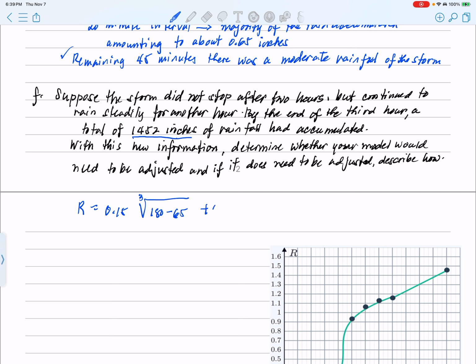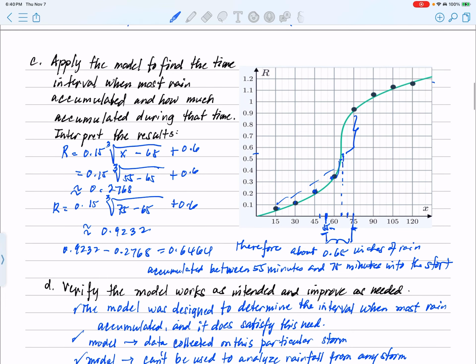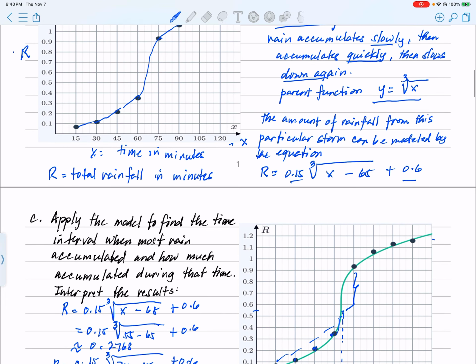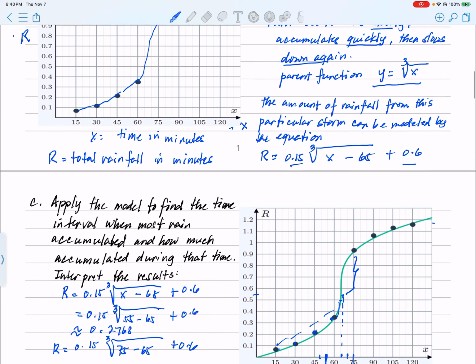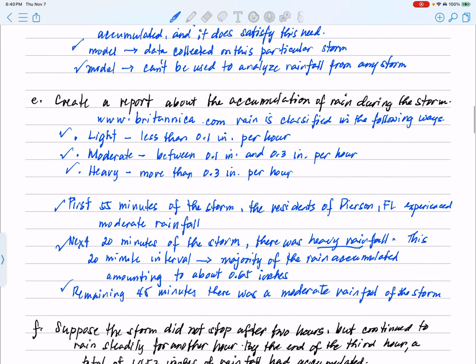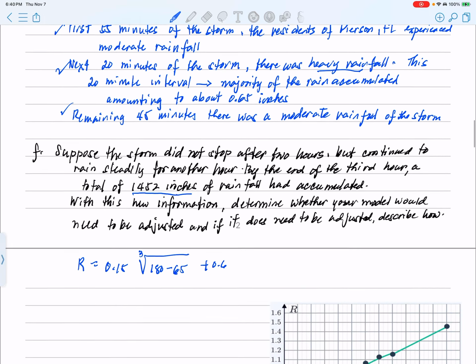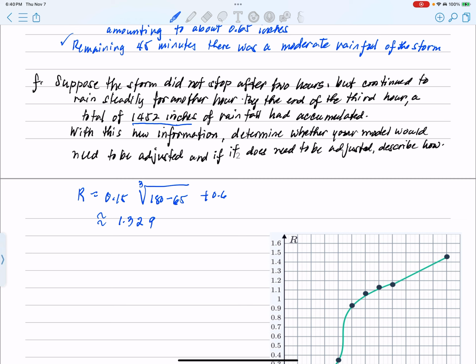Let me see right here. I have to go back. This is only up to 120. Okay. So by doing the math, this is approximately 1.329. This is not consistent with the new data. So we will need to adjust the model because it's not consistent.